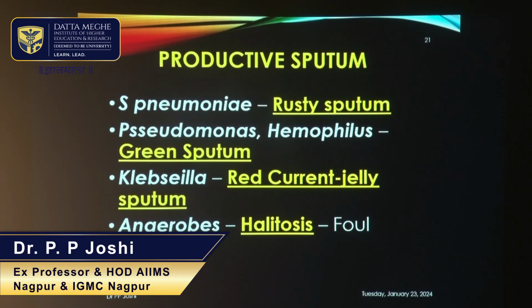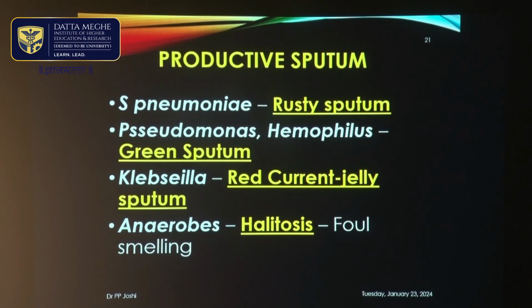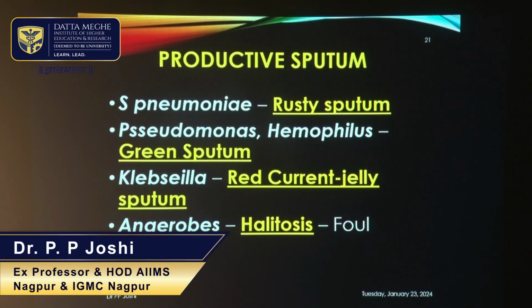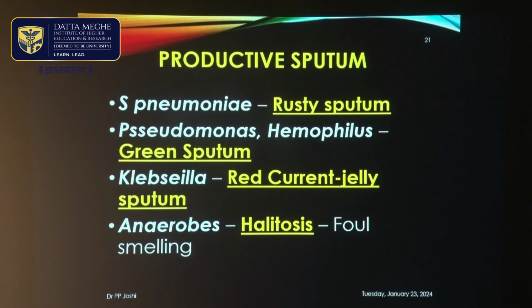Klebsiella pneumoniae typically causes red currant jelly-like sputum. And anaerobic infections, which are normal commensals of the upper respiratory tract, can cause infection when the mucociliary escalator is damaged. Anaerobic organism infection will lead to foul-smelling sputum, with halitosis.